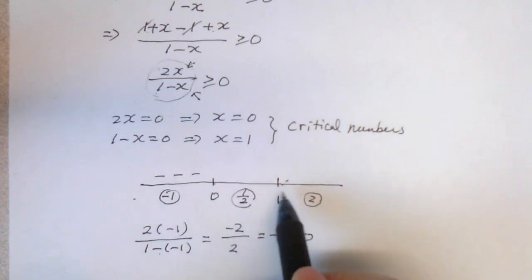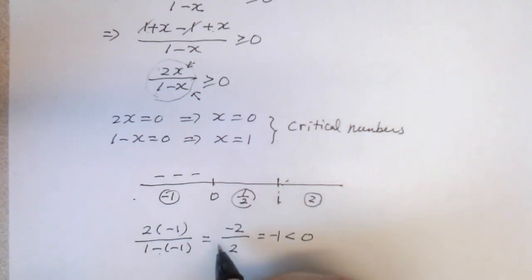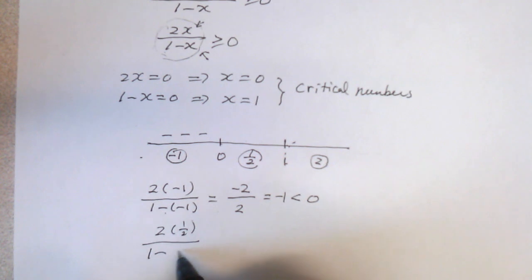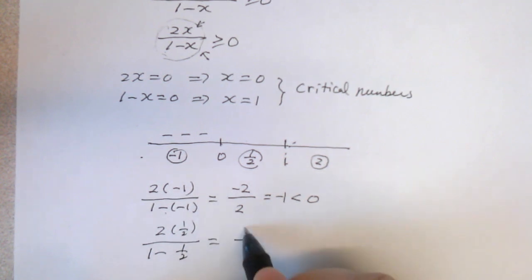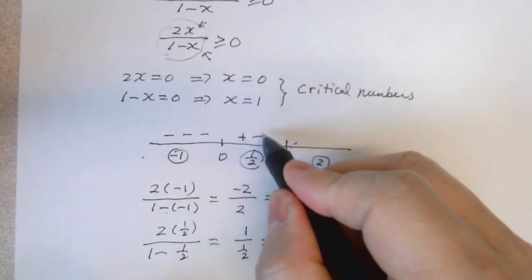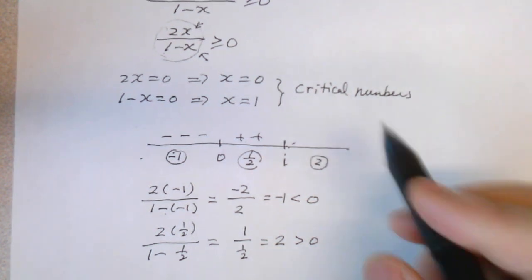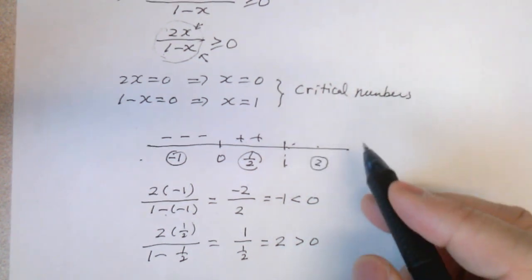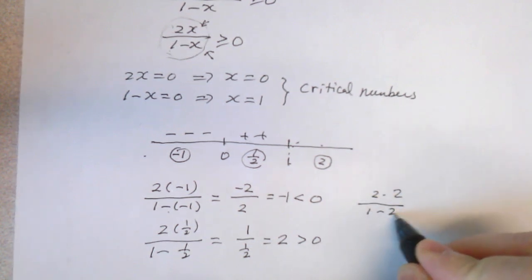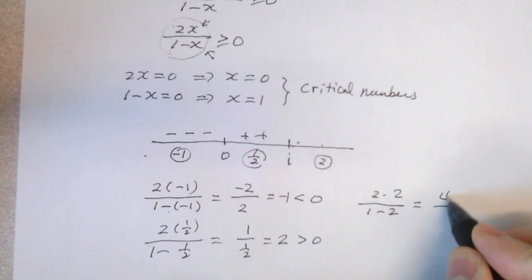From 0 to 1, I choose 1/2. I get 2 times 1/2, and 1 minus 1/2, so that is 1 divided by 1/2. That gives us 2, which is greater than 0. And finally, for this interval, I choose 2. So here, 2 times 2 over 1 minus 2, and that gives us 4 divided by -1, which is less than 0.